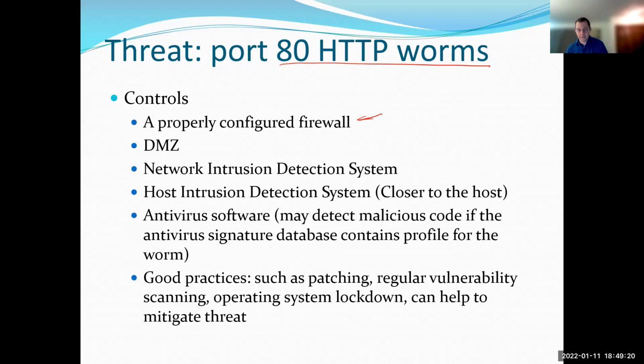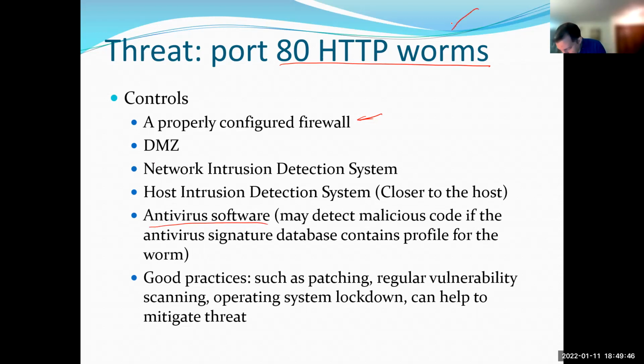If port 80 should not be allowed, it should be blocked. Having a DMZ, which is the example I gave you: don't have the web server in your internal network. Have a separate DMZ, which is less trusted. Then other solutions like network intrusion detection systems, host intrusion detection systems, antivirus software of some kind, etc.